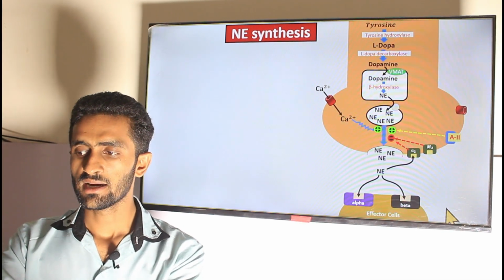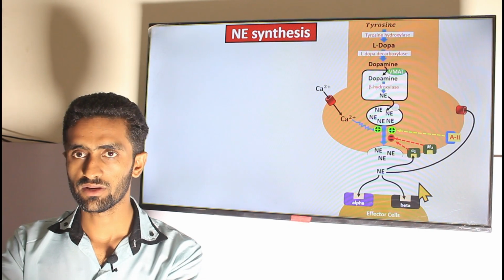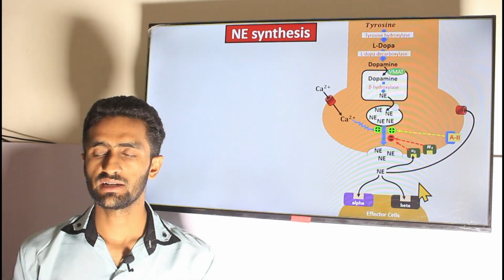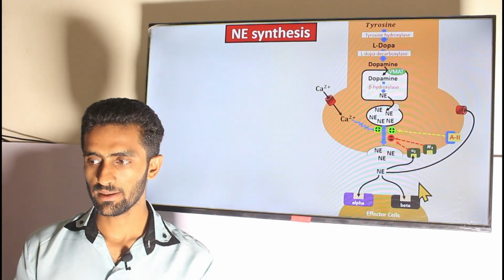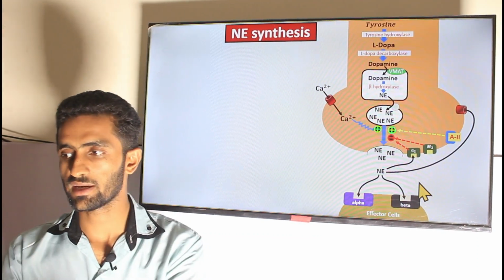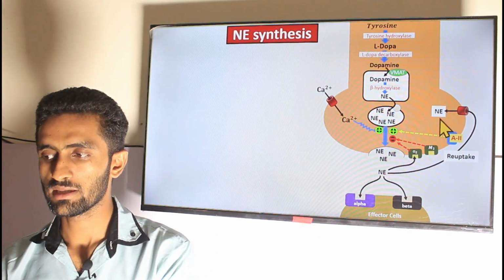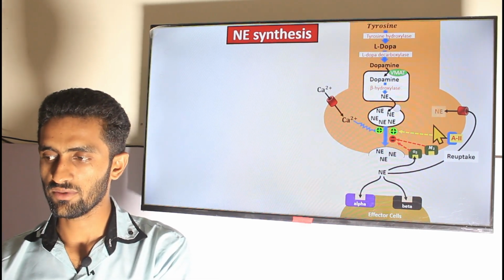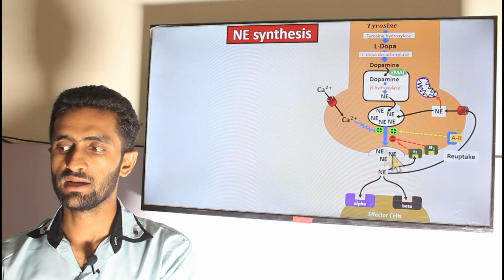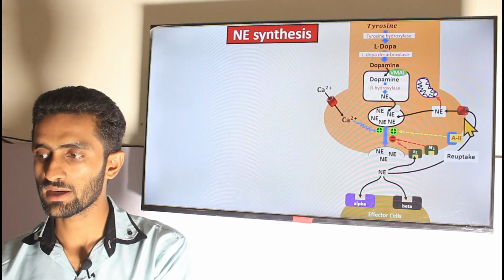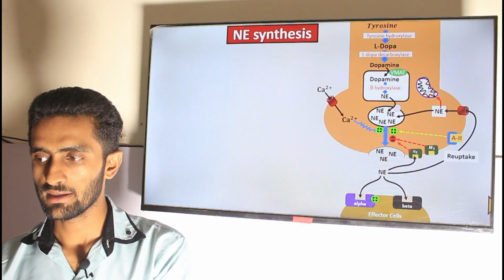The third is the direct reuptake of norepinephrine. It is not destroyed into any metabolite there. Direct reuptake of norepinephrine, so it comes back into the presynaptic neuron. One part goes into storage, but it can be destroyed here by the enzyme present in the mitochondria, monoamine oxidase.